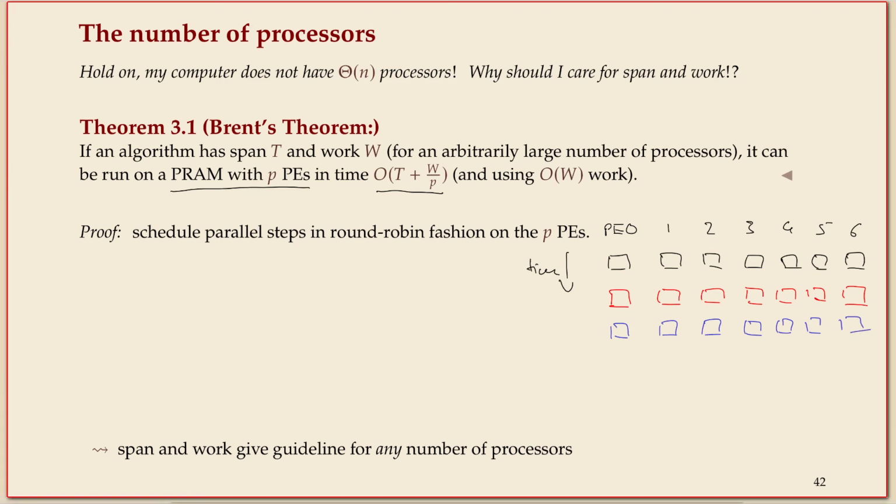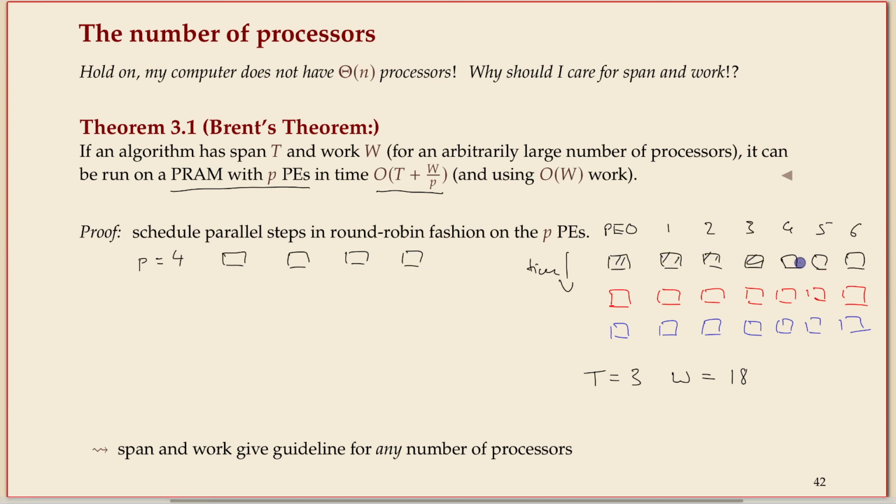So that would mean T is 3 here, and work is, well, if we just sum up all those, we get to 18, assuming there's no other overhead. Now, how could we simulate this on, say, 4 processors if we don't have 6? We would take, in the first time step, these 4 scheduled.